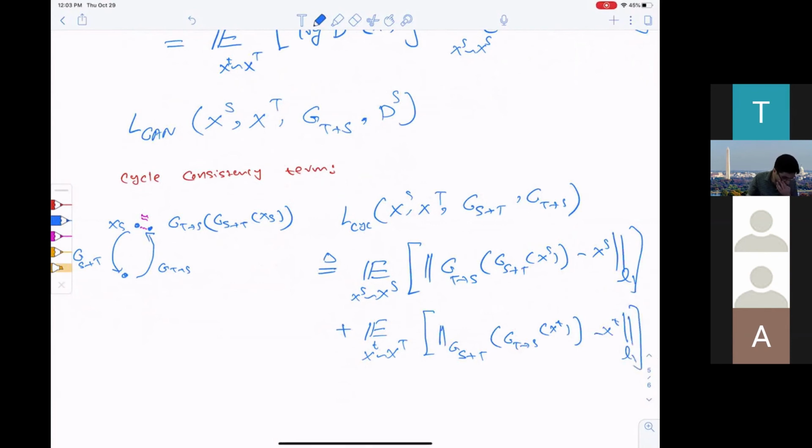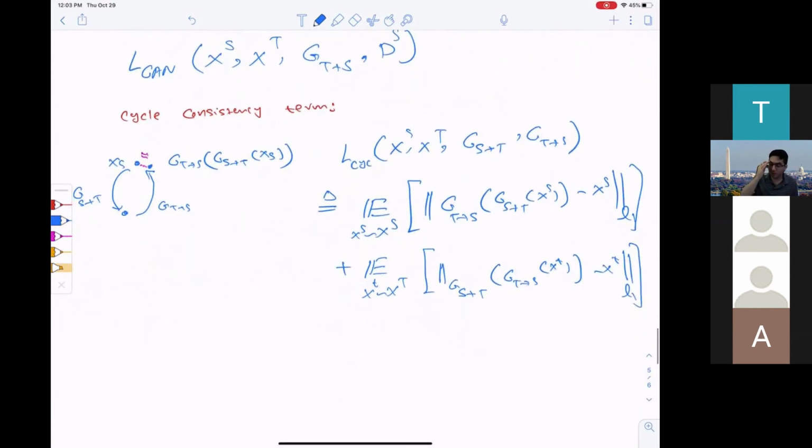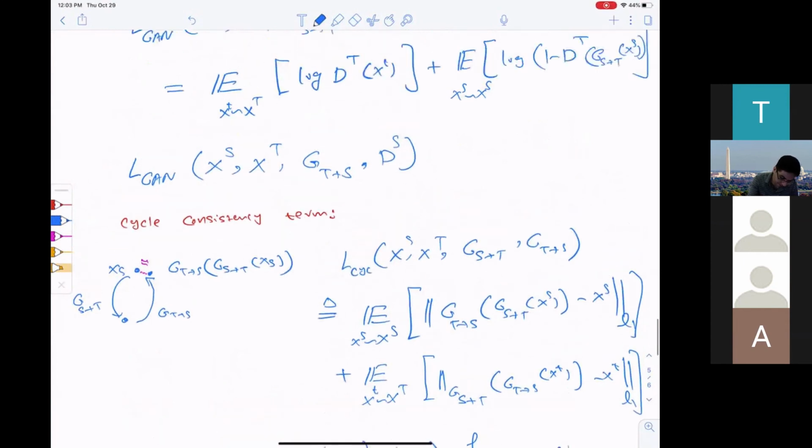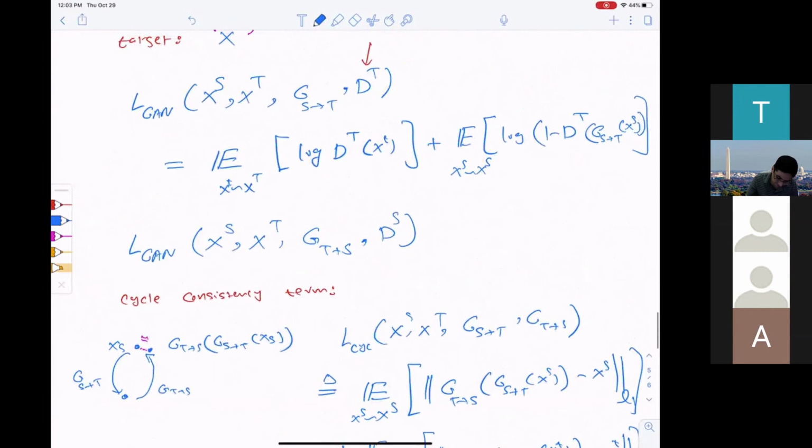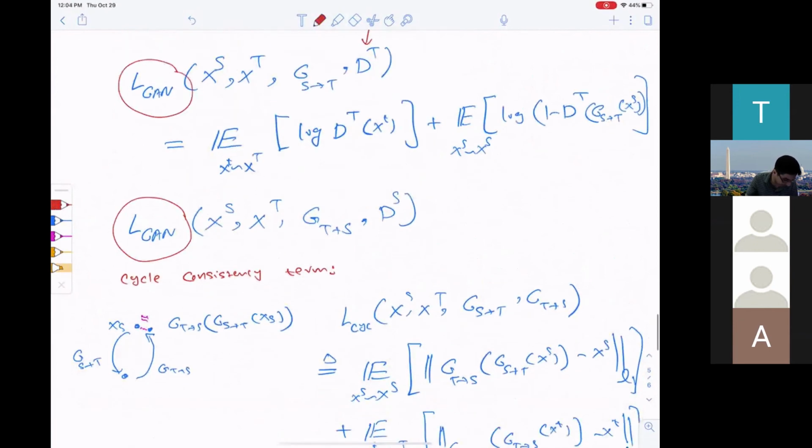Okay, so the ultimate objective function would be, okay, so I have a classification loss as before on the labeled source samples, and I'll have the cycle GAN loss, which is basically the sum of the three terms that I have here. So one term is this function, the other term is this function, and the third term is this function.